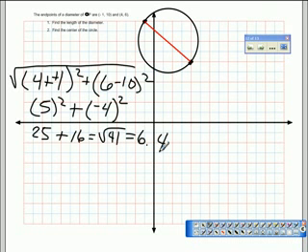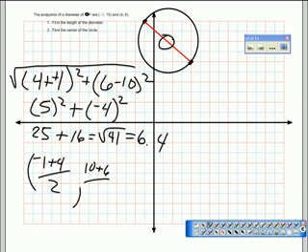Now to find the midpoint, which if I had to guess looking at this would be somewhere about right in this area. But we want to be precise, so I'll take my two coordinates, add my x's, negative 1 plus 4 divided by 2, then my y's, 10 plus 6 divided by 2.